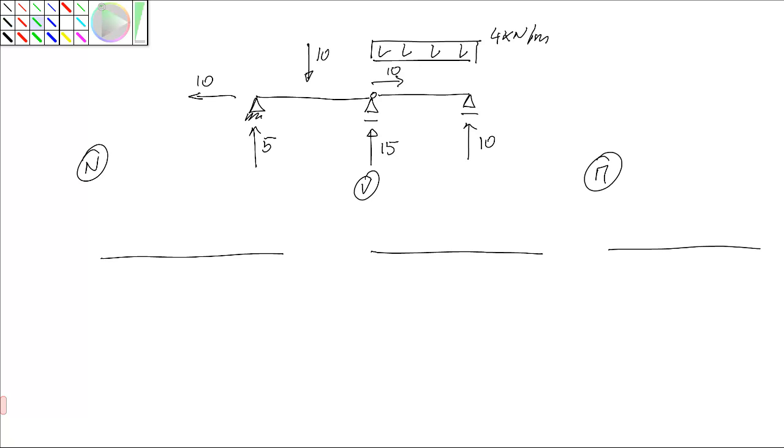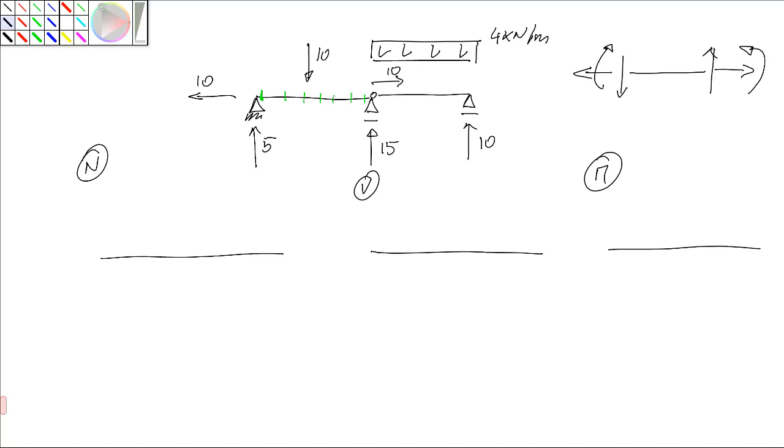So starting with axial force, let's repeat here our convention for positive internal forces. If we look to the left of this section, the only axial force we have is 10, and the same is true for all these sections up to here.